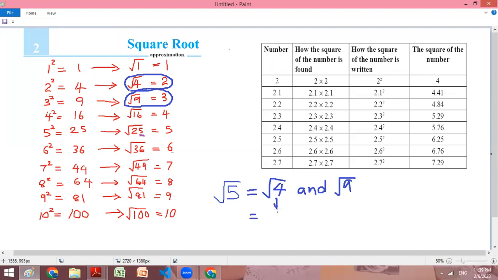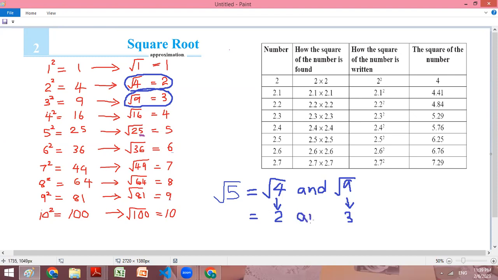We know that the square root of 4 is 2. Also, the square root of 9 equals 3. Therefore, the square root of 5 is definitely in between 2 and 3.